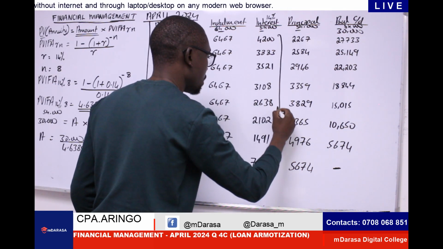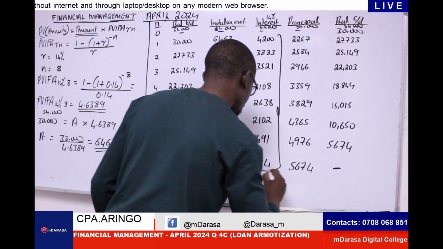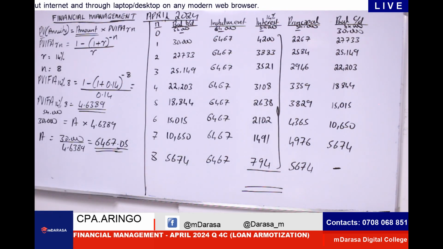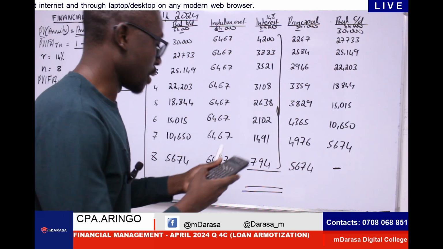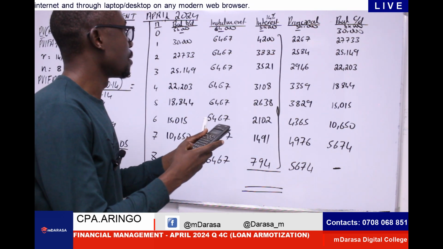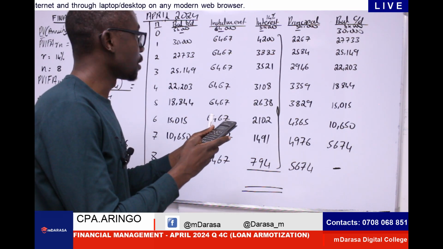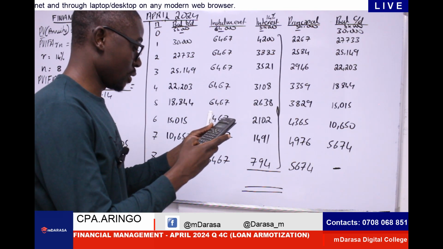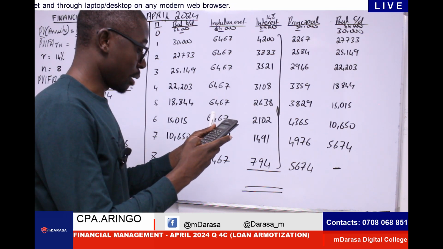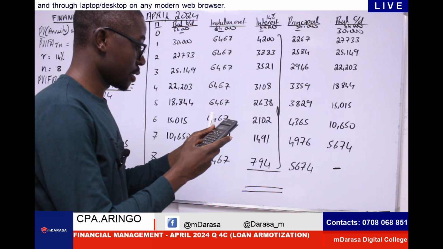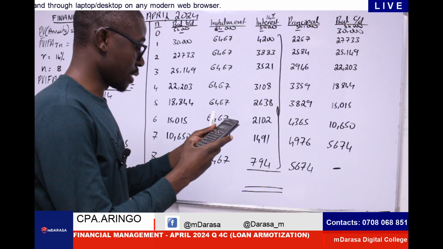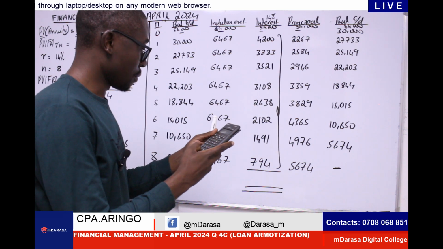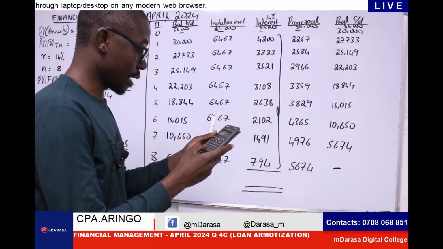That's why you're given 1 mark, right? So that should be 4,200 plus 3883 plus 3521 plus 3108 plus 2638 plus 2102 plus 1491 plus 794.